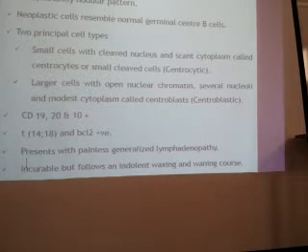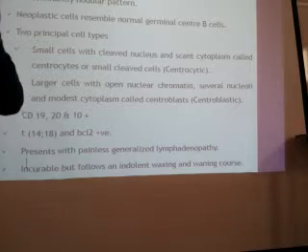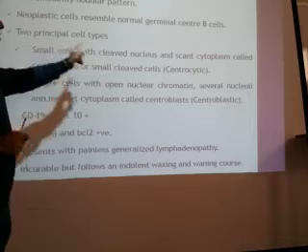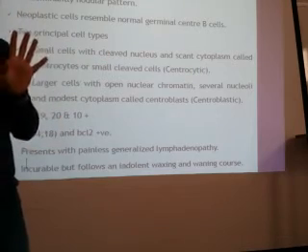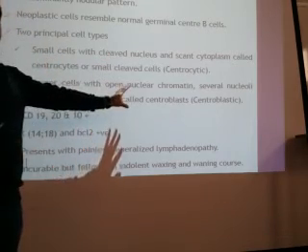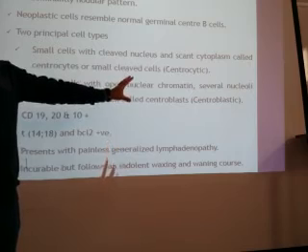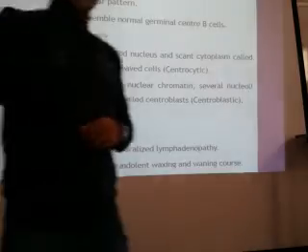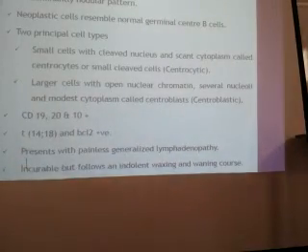One of the important things is depending upon which type is more prominent here, you call it follicular small cleaved cell lymphoma or follicular large cleaved cell, large cell. Small cleaved cell or large cell, or you can call it follicular centrocytic, follicular centroblastic, or follicular mixed.